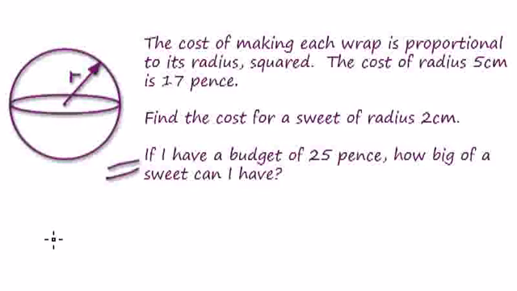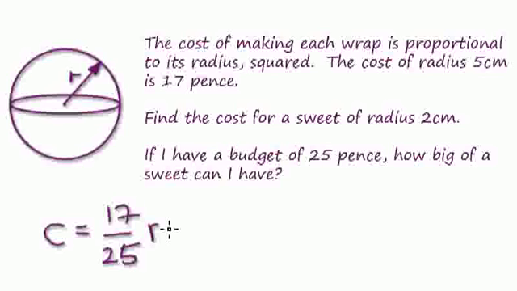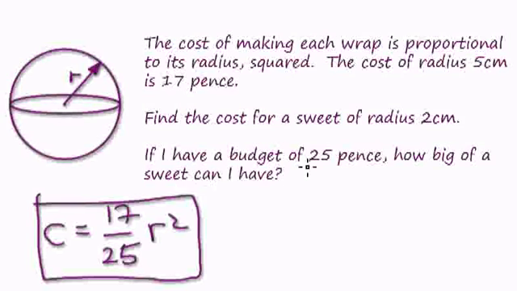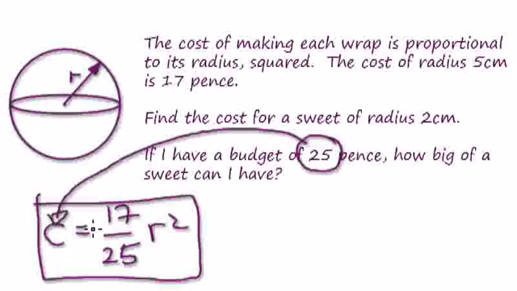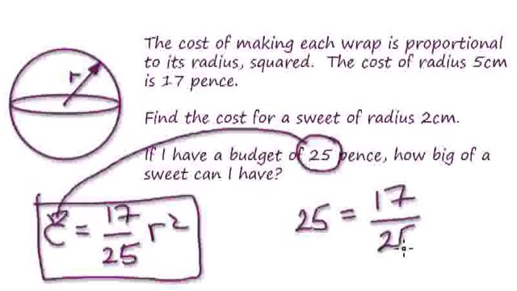Okay, the second part of the question. Our equation earlier was C equals 17 over 25 r squared. We can use it to answer this question. Now we have the cost of 25 pence, so put that into the C and work backwards to find r. So 25 equals 17 over 25 r squared.